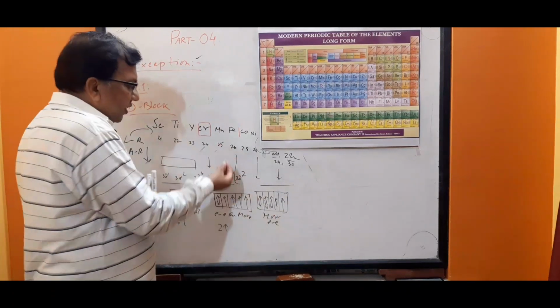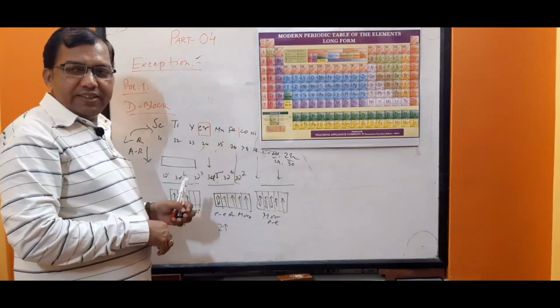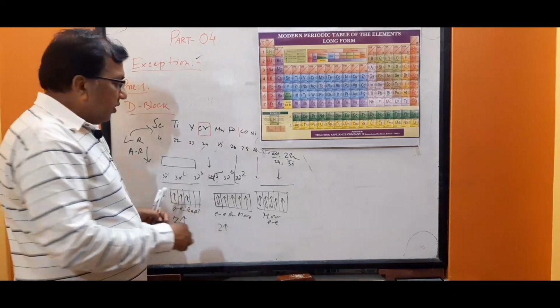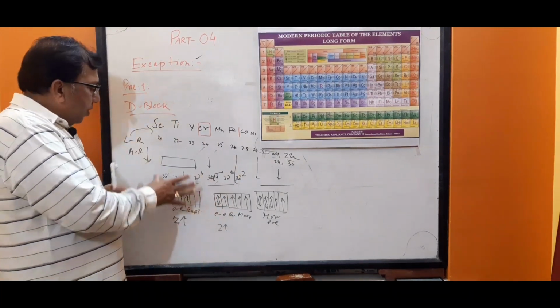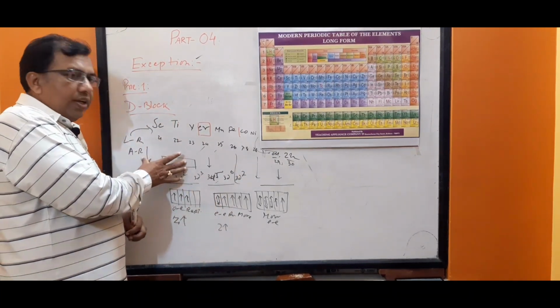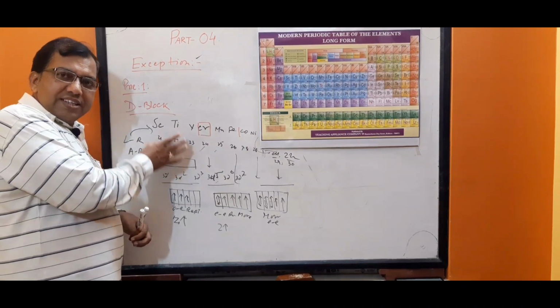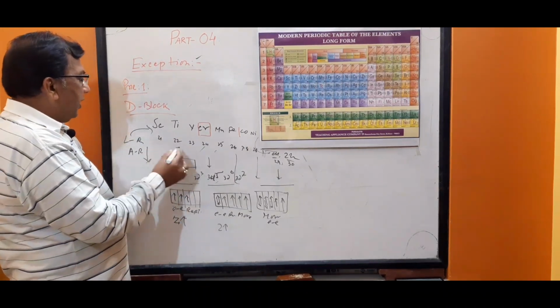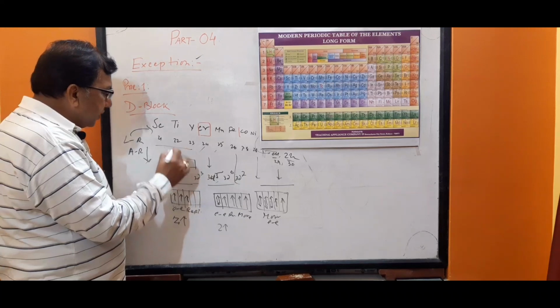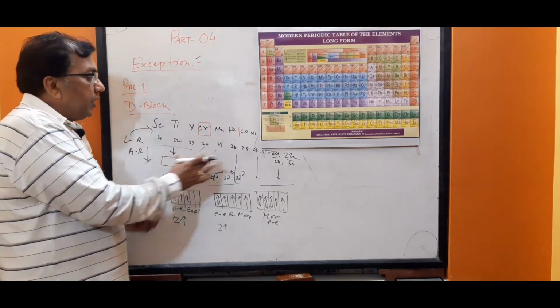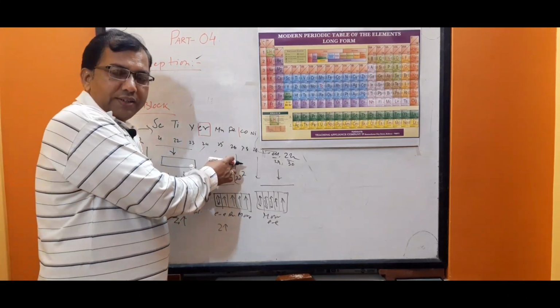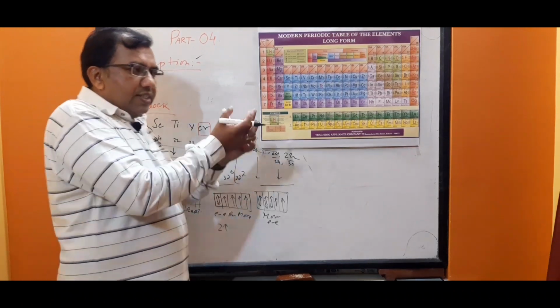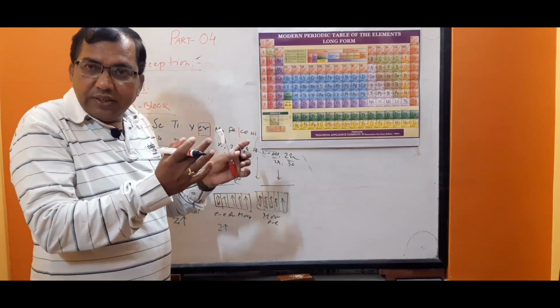So what is increasing? That type of decreasing. So in this case, from these three elements, the atomic radius gradually decreases, then it remains constant. Why? Because the charge is increasing, and repulsion is also increasing.